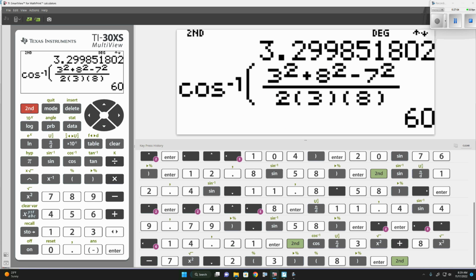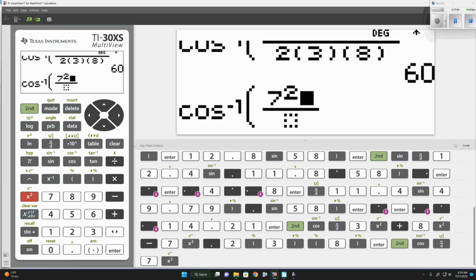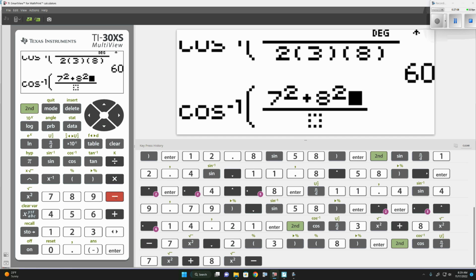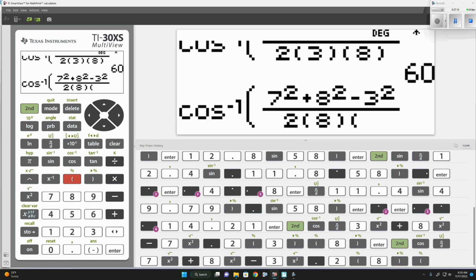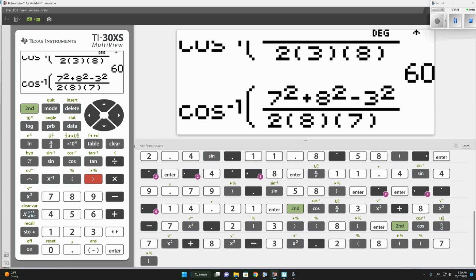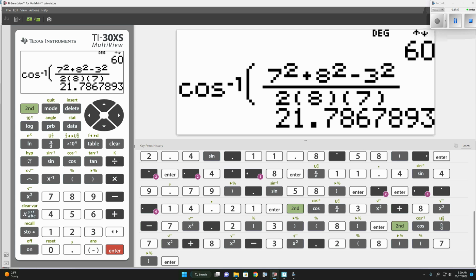It's a cosine inverse of 7 squared plus 8 squared minus 3 squared over 2 times 8 times 7. And we get 21.77, yes?